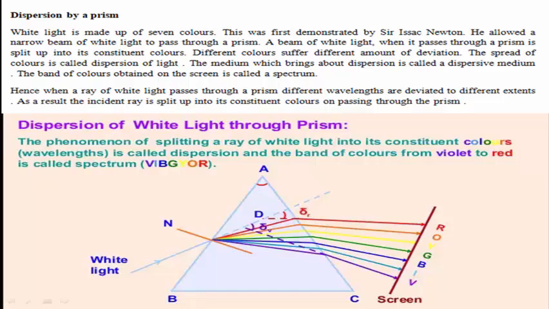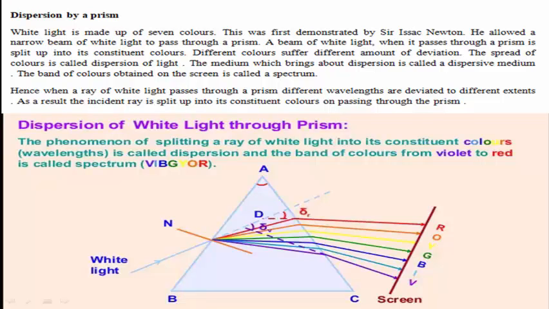The medium which brings about dispersion is called a dispersive medium. The band of colors obtained on the screen is called a spectrum. Hence, when a ray of white light passes through a prism, different wavelengths are deviated to different extent.